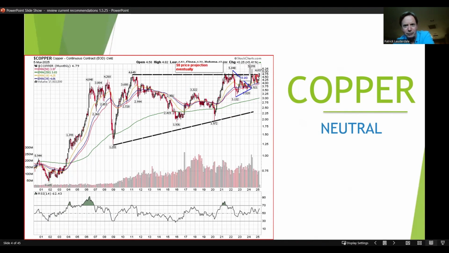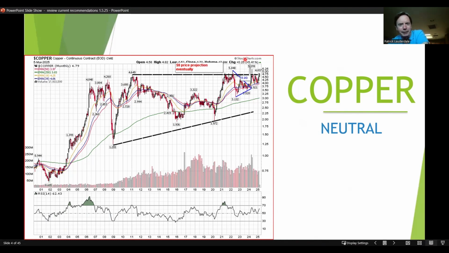This is a monthly chart, so we need a monthly close above, say, 475. And if we get that, then that would put our price projection at $8, which is arrived at by measuring the base of this triangle and projecting upward. So that's, I don't know, 80, 90% potential upside.